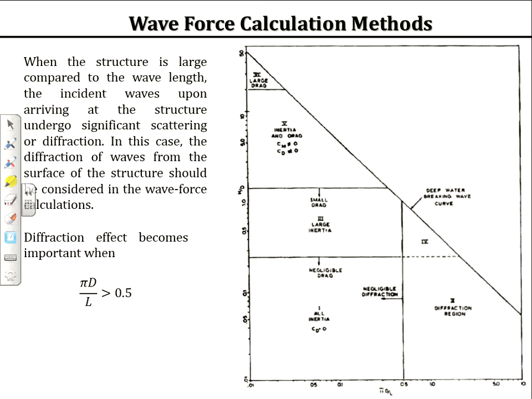D is the diameter of your structure. Then you could ask me, my structure is not a cylinder, not a pipe. It could be a desk-like structure. Then how can I calculate this criterion? What's the value of D here?